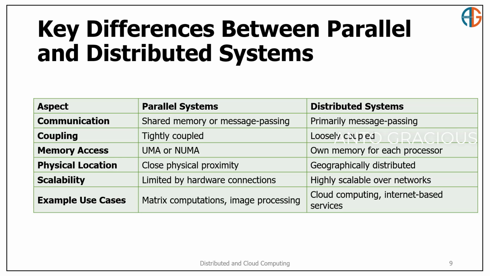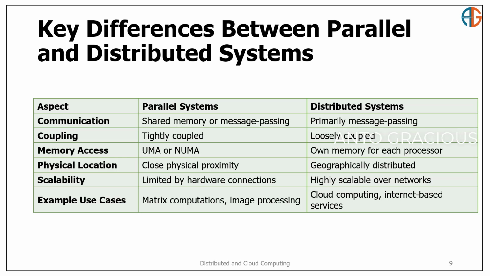Parallel systems may use shared memory or message passing, while distributed systems rely almost exclusively on message passing. Number 2. Coupling. Parallel systems tend to be tightly coupled, meaning the processors or computers are closely connected, whereas distributed systems are loosely coupled with nodes spread across different locations.